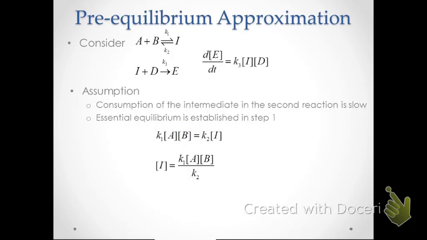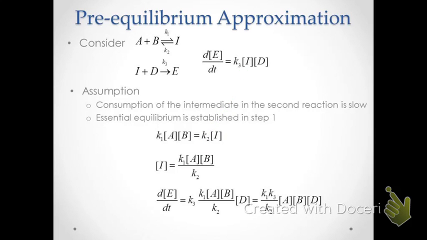So we can solve for I in that expression to give us what we have here. We now have a concentration with respect to I, which we can substitute into our expression for the production of our product E to give us an overall rate expression shown here. So that is how we'll apply the pre-equilibrium approximation.